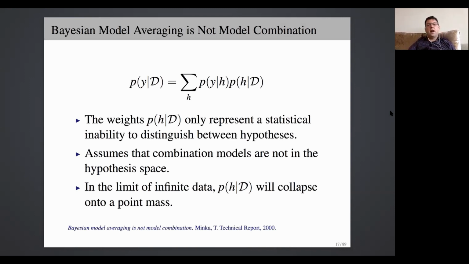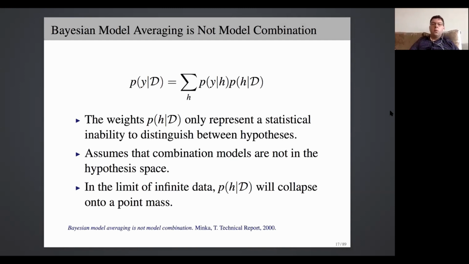Some approaches to model combination assume that we actually want to use a combination model as a ground truth description of reality. The model average here, even though it is combining together different hypotheses, does so because given limited information, we don't know which hypothesis is correct, but we believe that one of the hypotheses is correct.